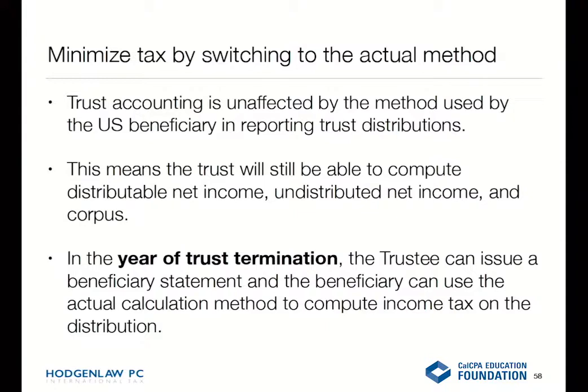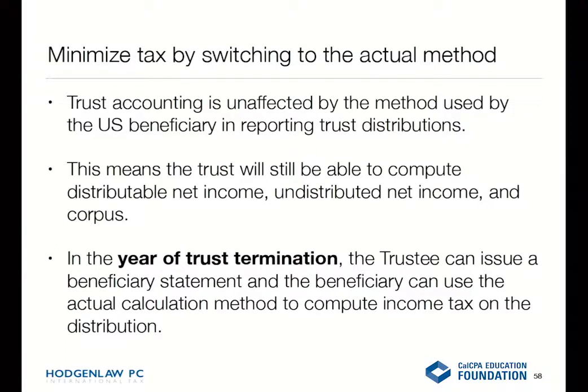From what I've seen and from what I've read, this is not always a good thing, though, because if under the actual calculation method you've got a very, very high accumulated income number, then you're still using the accumulation distribution tax on that amount.